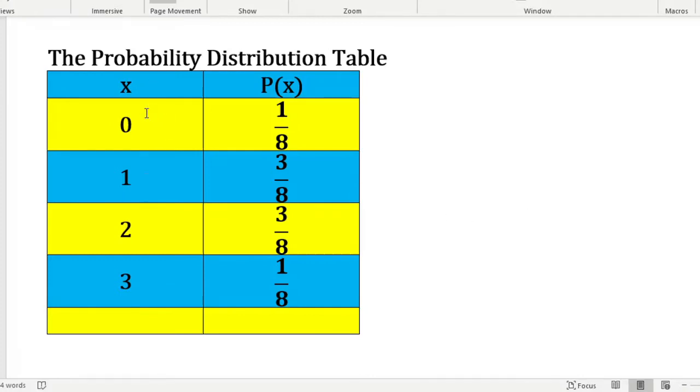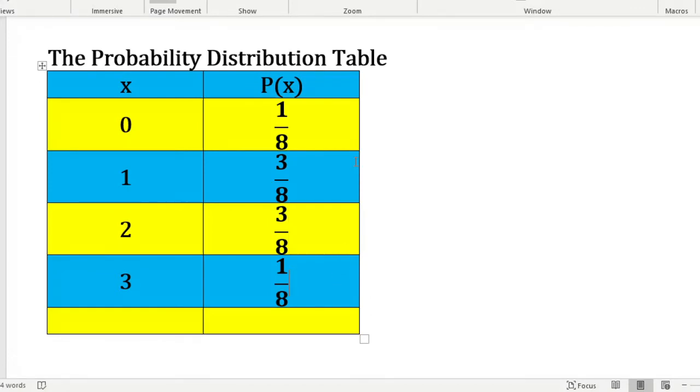We have here in the first column the possible values of our random variable, which is the number of heads: 0, 1, 2, and 3. And in the second column, we have the probability of that possible value. We have 1/8, 3/8, 3/8, and 1/8.